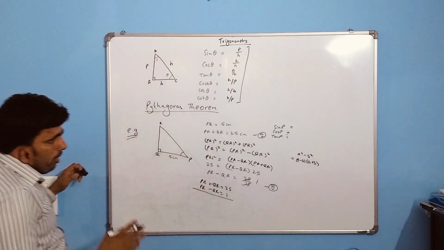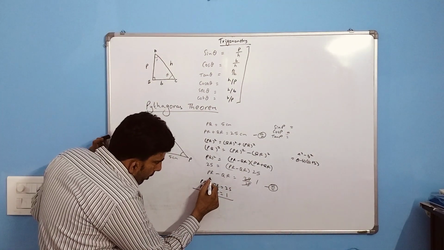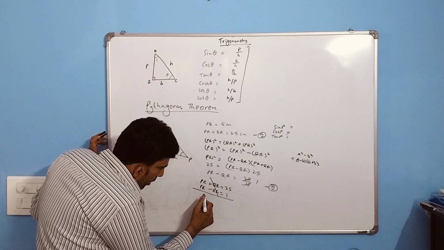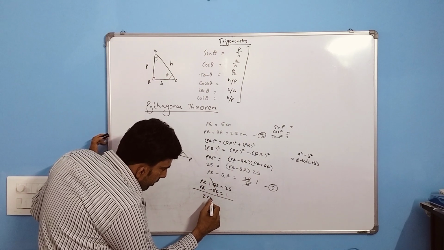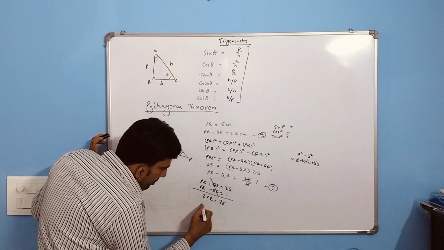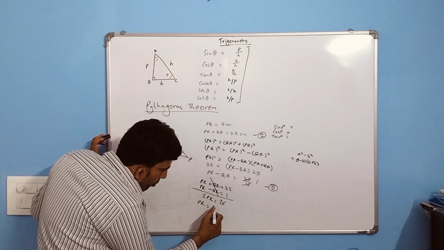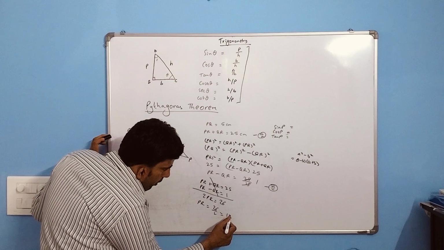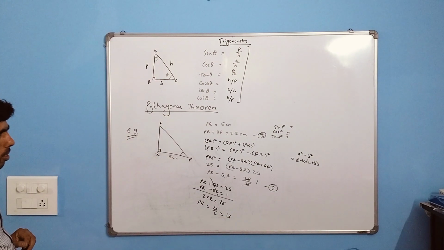We can easily add these two equations, and we find twice PR is equal to 26. That is, PR is equal to 26 upon 2, which is 13.